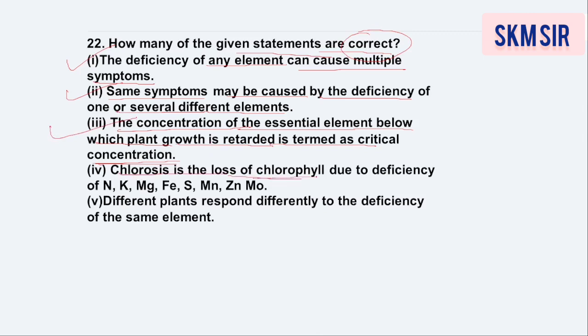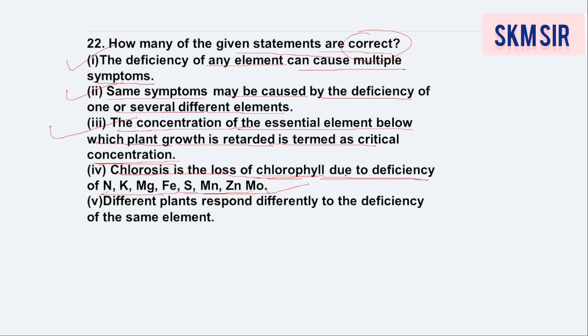Chlorosis is the loss of chlorophyll due to deficiency of what? N, K, Mg, Fe, S, Mn, Zn, Mo. This is an NCERT line actually. Chlorosis is the absence of the greenish part. When you read the NCERT, a lot of different categories are given, where different essential nutrients, when deficient, cause particular specific deficiency symptoms.